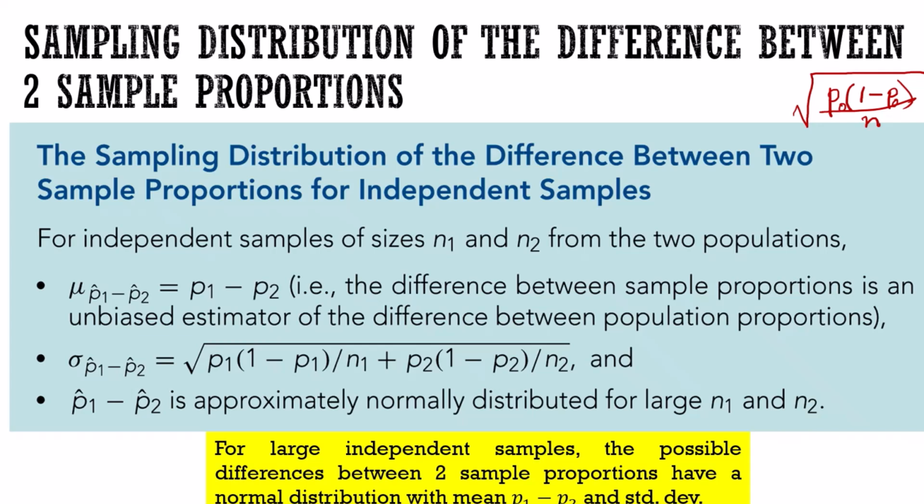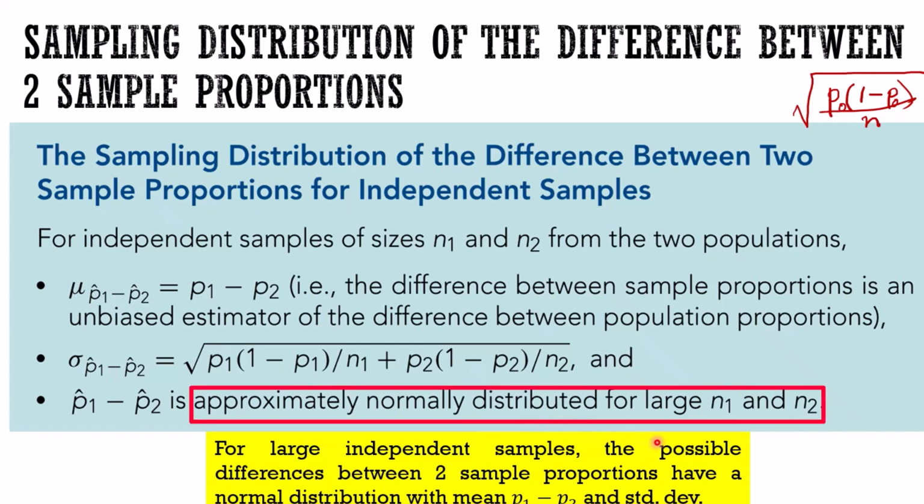Over here we have two proportions, and that's why we have two of these expressions, and we have to add them up. And finally, about the nature of the distribution, p hat sub 1 minus p hat sub 2, the difference between the two proportions, is approximately normally distributed for large sample sizes of n1 and n2.